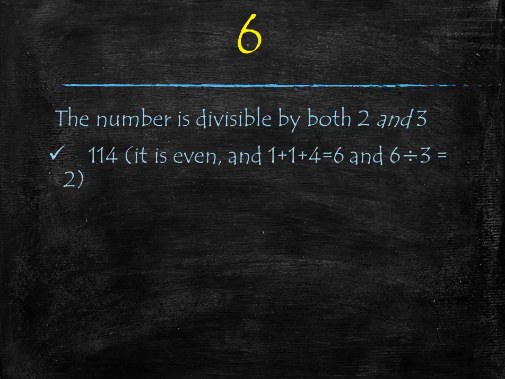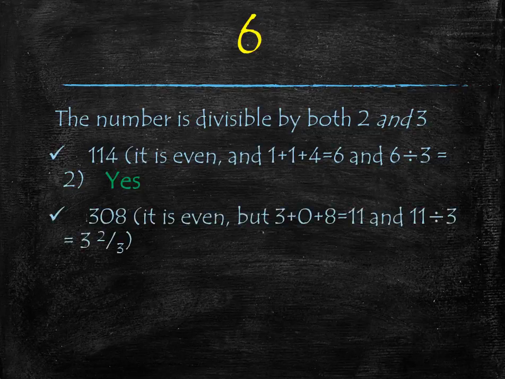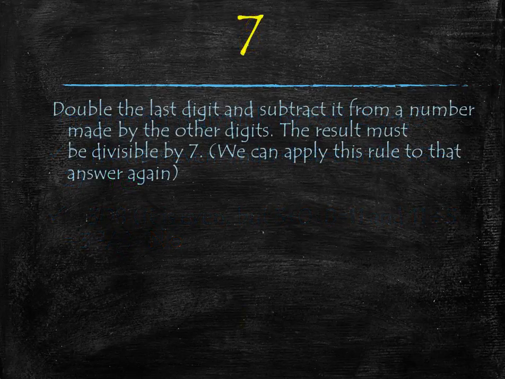The last digit is even, and 1 plus 1 plus 4 equals 6. 6 is divisible by 3, so 114 is divisible by 6. 308. It is even, but 3 plus 0 plus 8 equals 11. 11 is not divisible by 3, so no. 308 is not divisible by 6.